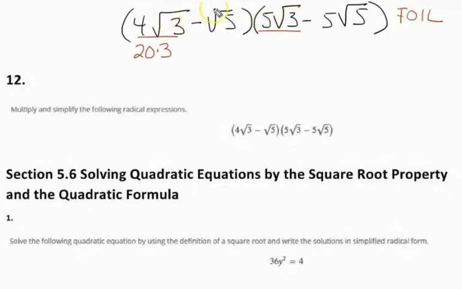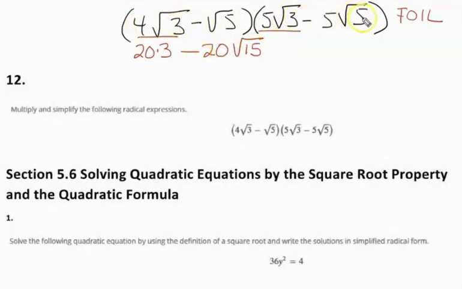Now we're going to do our outers. It's going to be a negative 4 times 5, a negative 20. The square root of 3 times 5 is 15. So once again, the outers, 4 times a negative 5 is a negative 20.